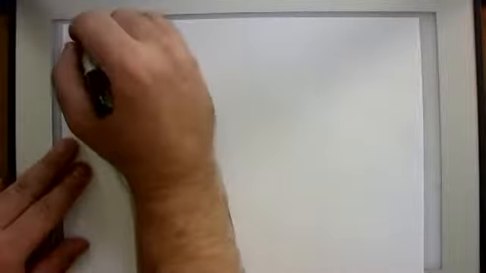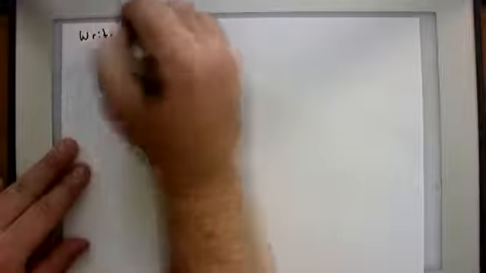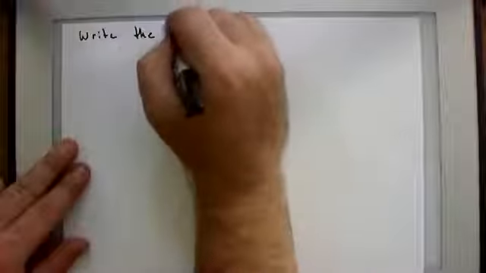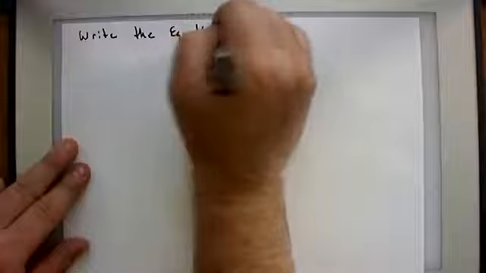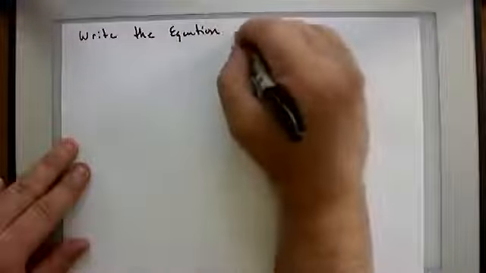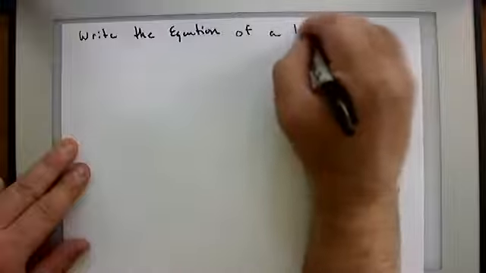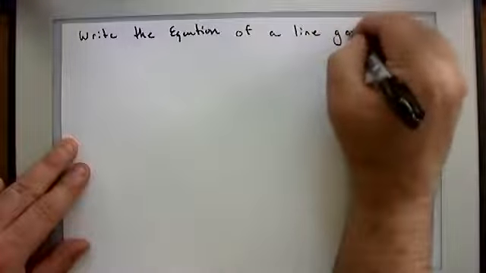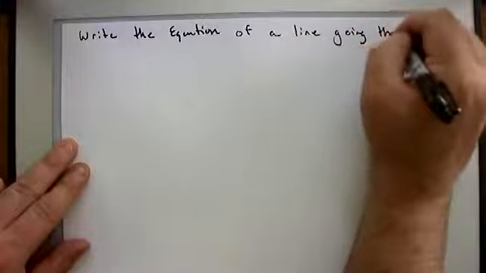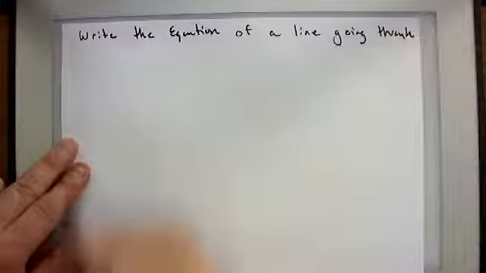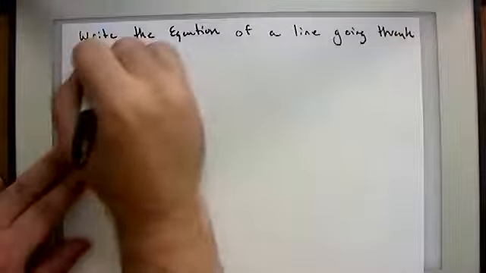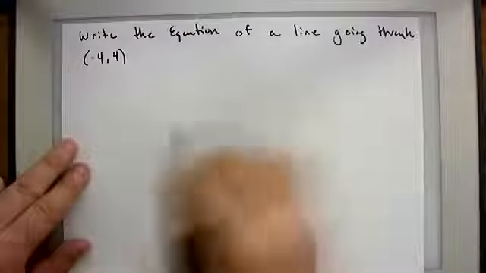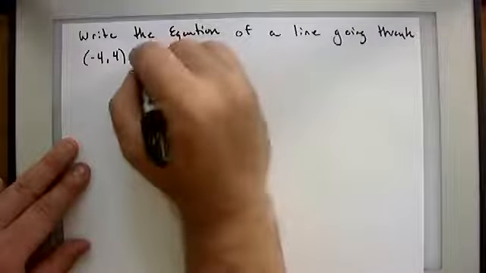Let's say we said, I want you to write the equation. This is out of the homework too. This one right here is out of the homework. It's a little bit wordy, so I wanted to do it with you guys. Write the equation of a line going through (-4, 4). And here's the thing, it's going to be a little different now.